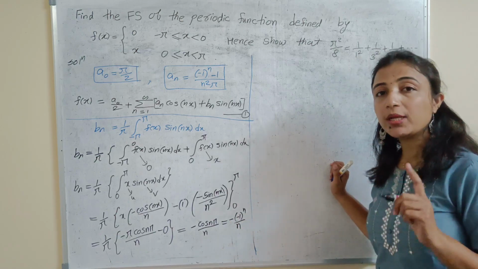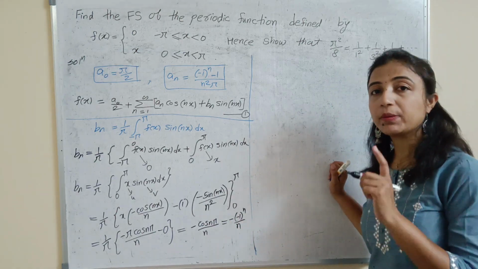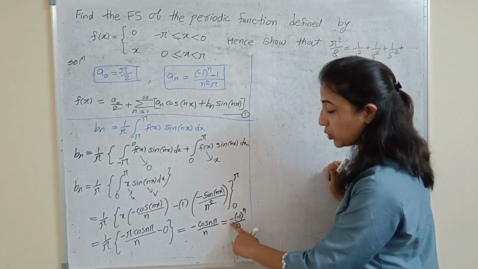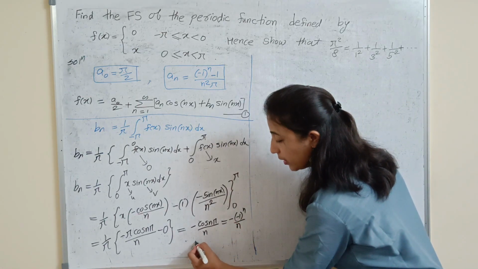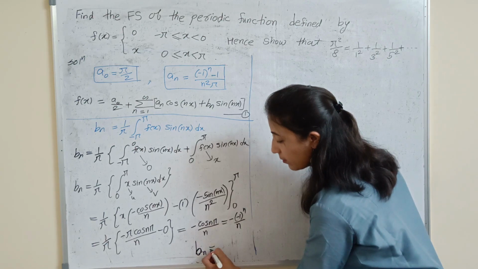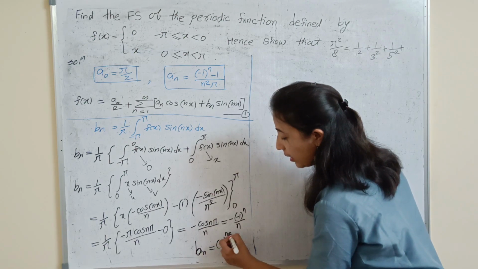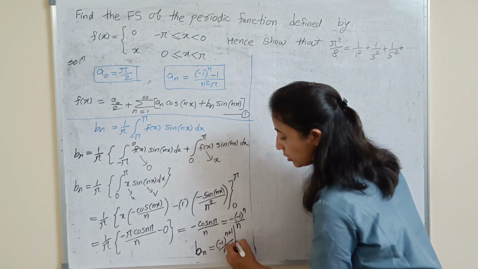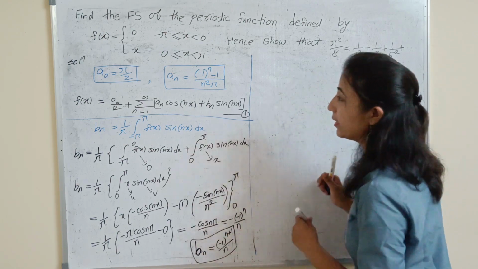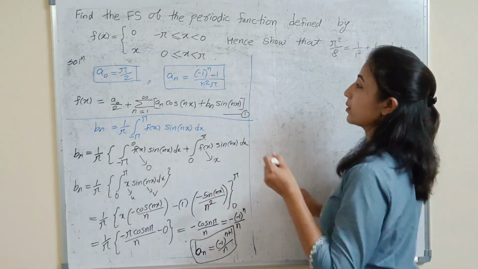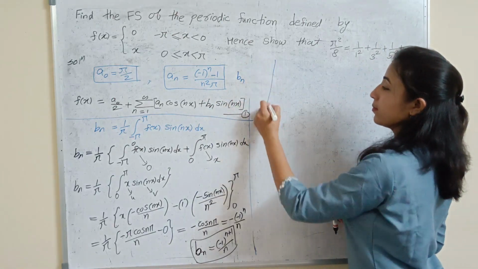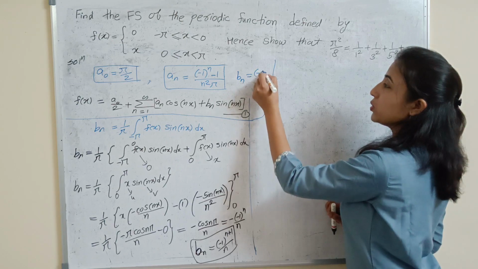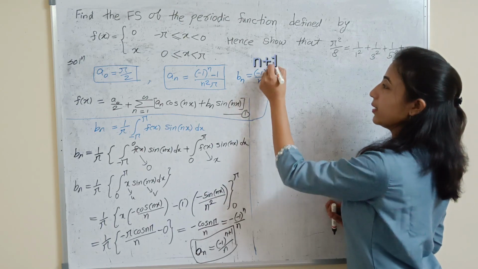That means the total is minus 1 raised to the power n plus 1, since it is actually the product of minus 1 and minus 1. So here our bn is minus 1 raised to the power n plus 1 upon n. This is the value of bn.